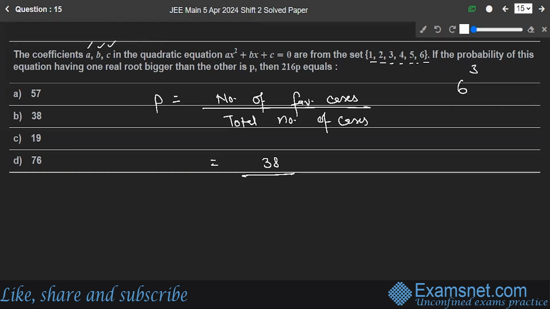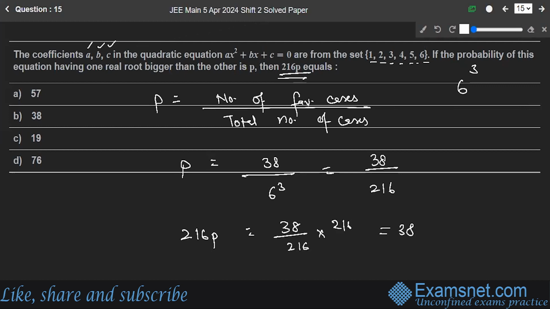There were 3. So this is 6 raised to power 3. This is equal to 38 upon 216, and this was equal to your P. So 216P will give me 38 upon 216 into 216. So the answer to this question will be 38.